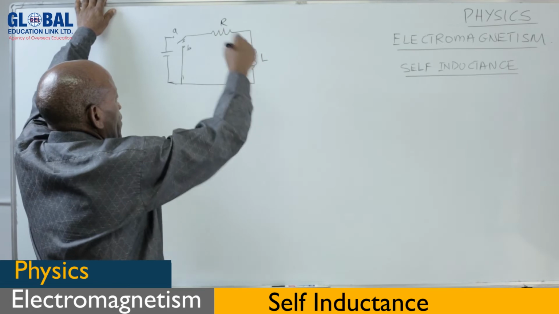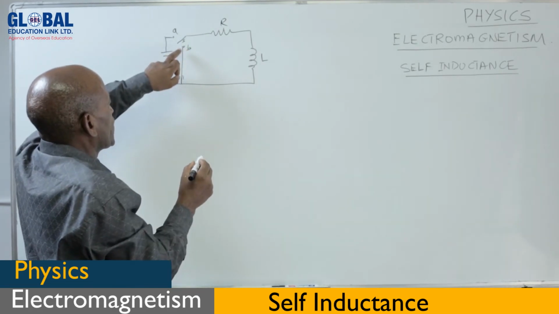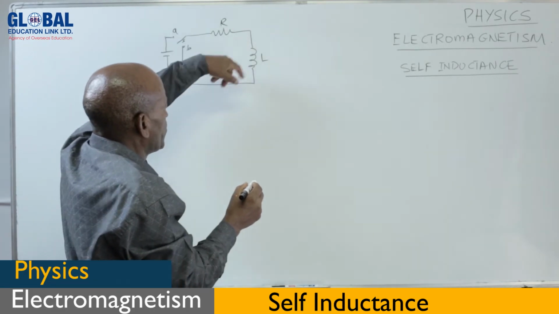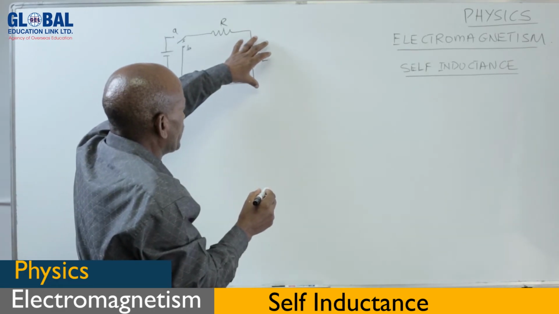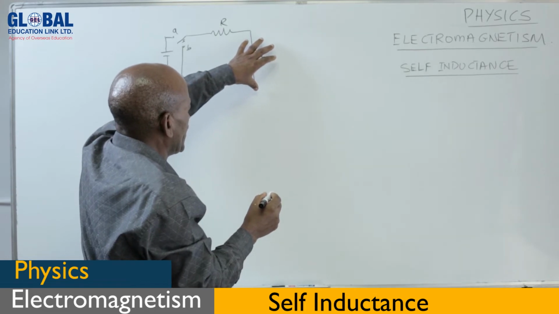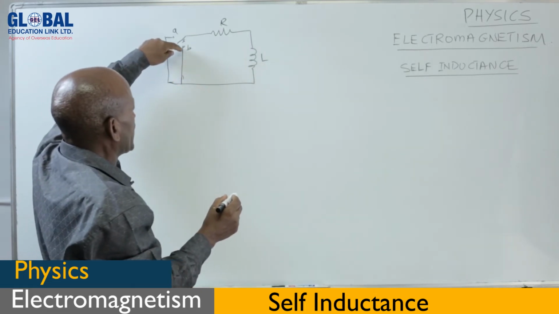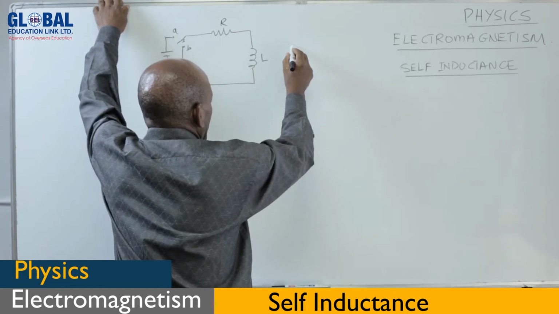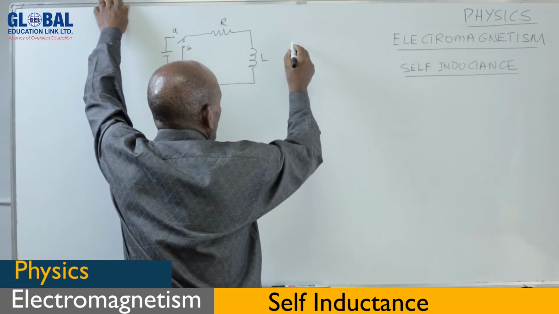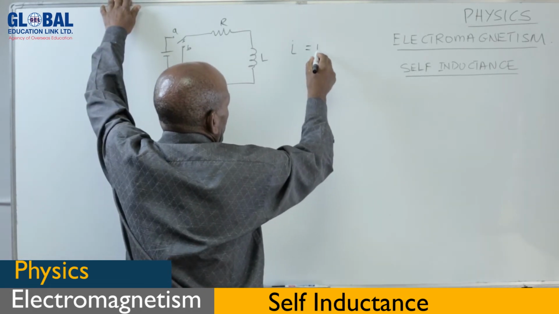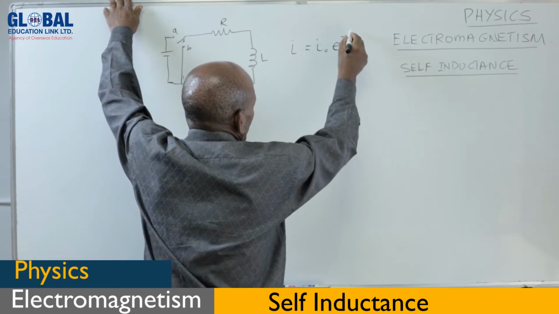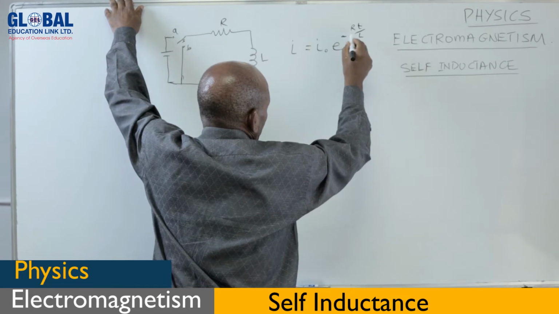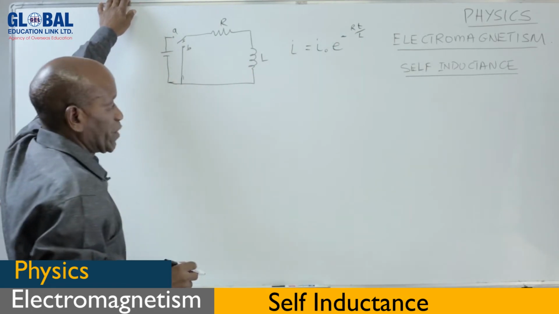First, we look at when the switch S is closed at B. We close it at A, and then there will be some magnetic field and energy stored in the inductor, such that whenever the switch is closed at B, the actual final current I will be equal to I naught e to the power minus RT over L. So we end up with that particular expression.